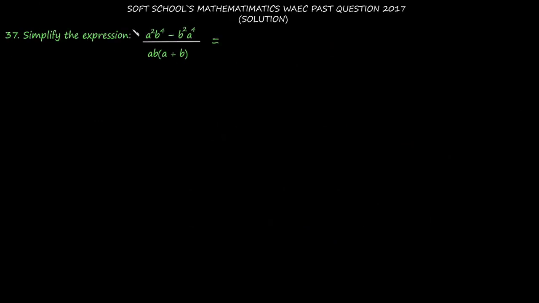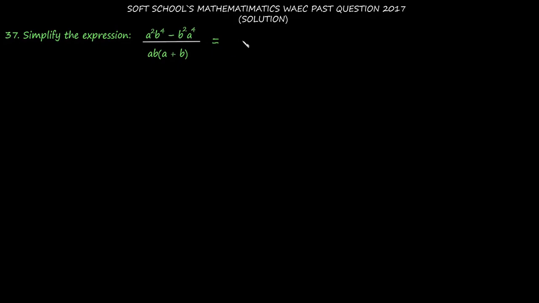Question 37. We are asked to simplify this expression: a squared b to the power 4 minus b to the power 2 a to the power 4, all over a plus b. The first thing we look for is the like term.